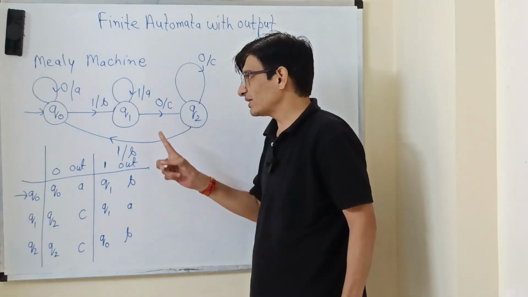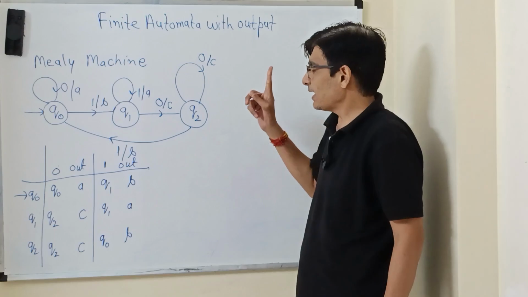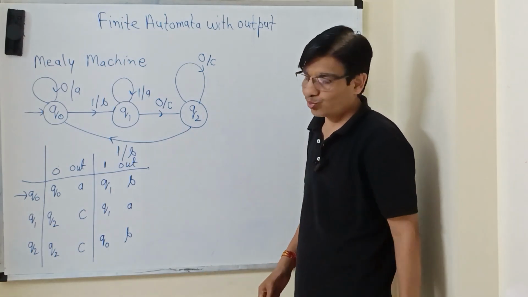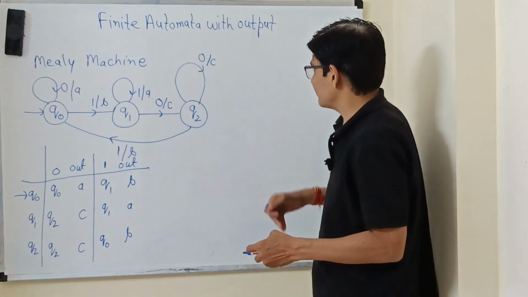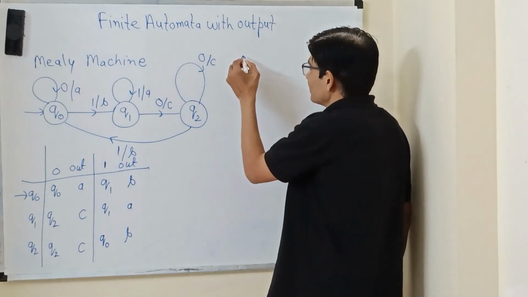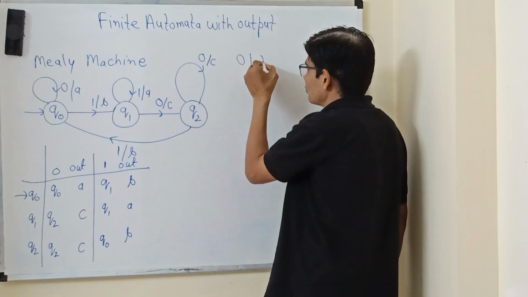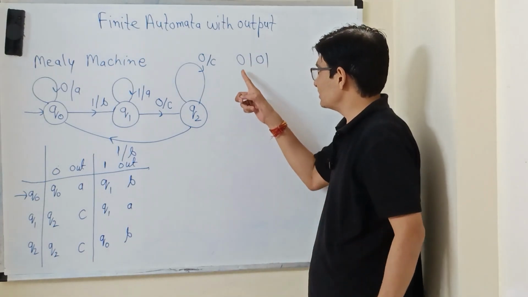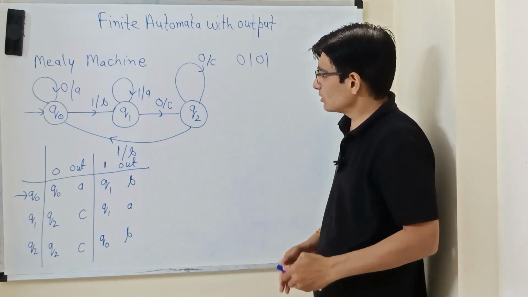Now I will take one example string and show you how this Mealy machine generates output. I am taking the string 0101.